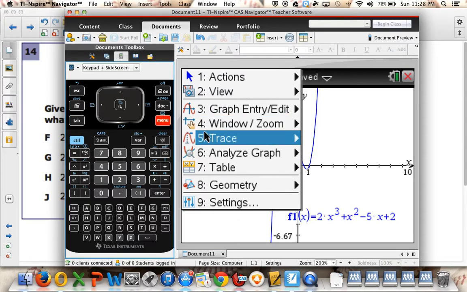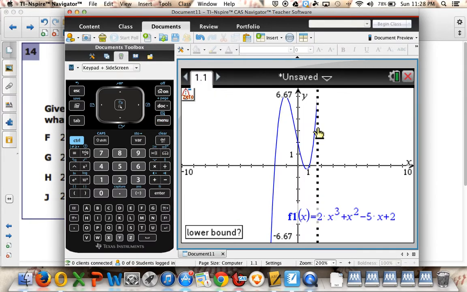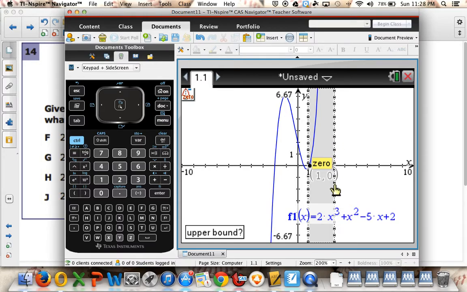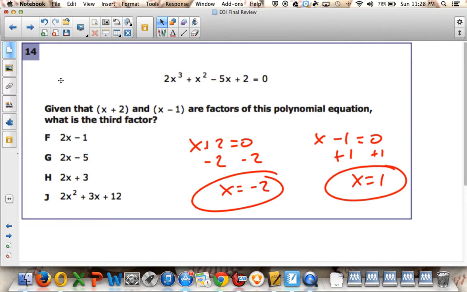So I'm going to go to menu, analyze graph for a zero. If I slide it to the right, I can see where 1, 0 is one of my zeros. If I slide it to the left, I can see where 0.5, 0 is my other answer.